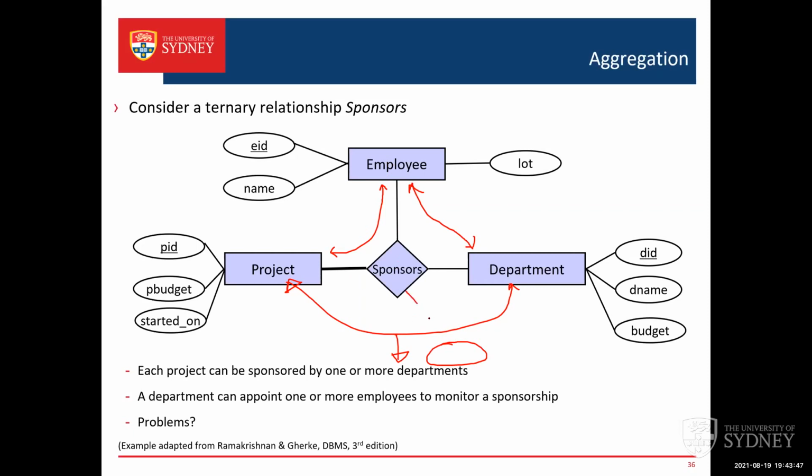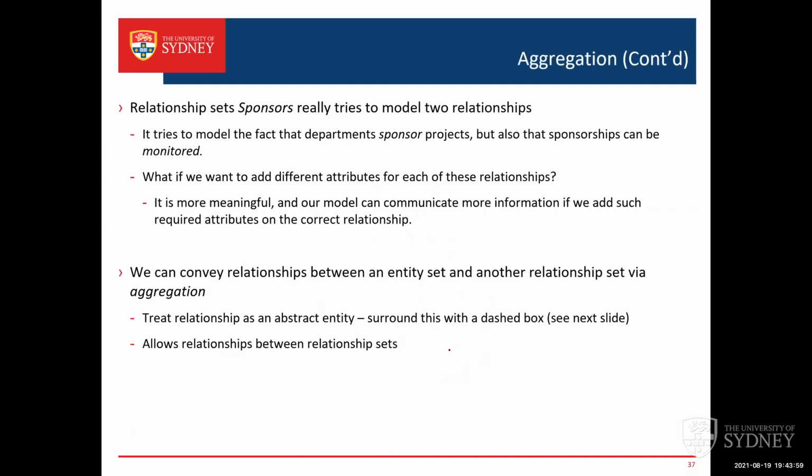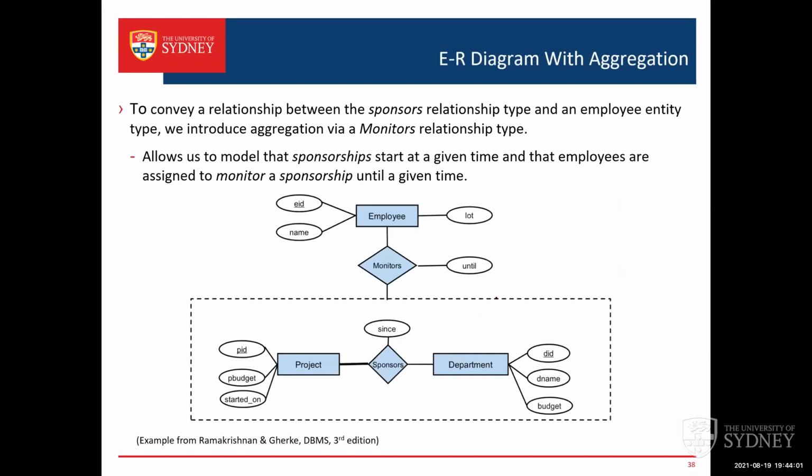If I put it in here in the sponsor table, then since we have other connections, that might mean that the attribute is for the department and employee as well. Let me show you an example, hopefully then it will make more sense. Let's say between project and department, I want to know since when this project was sponsored by this department.